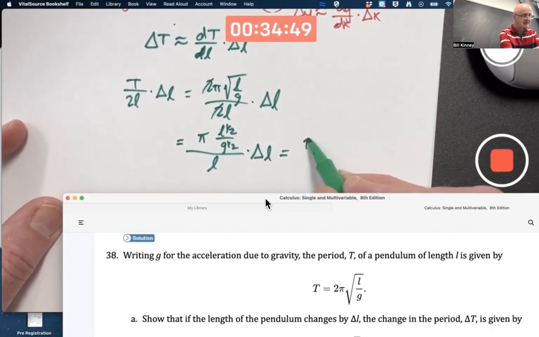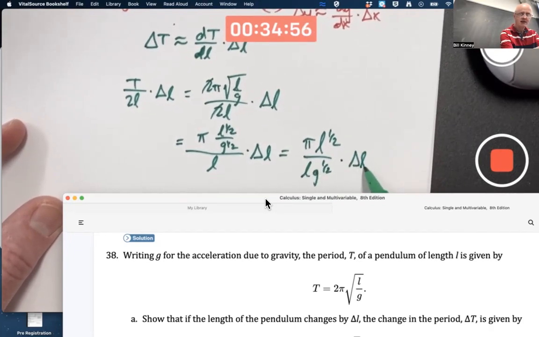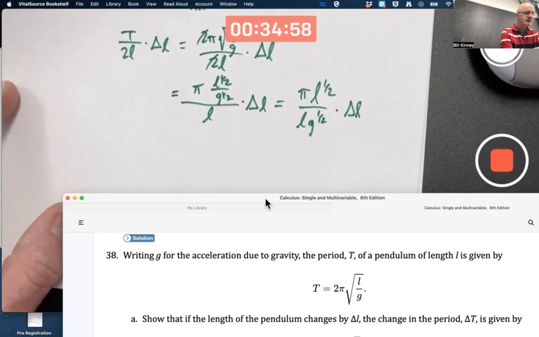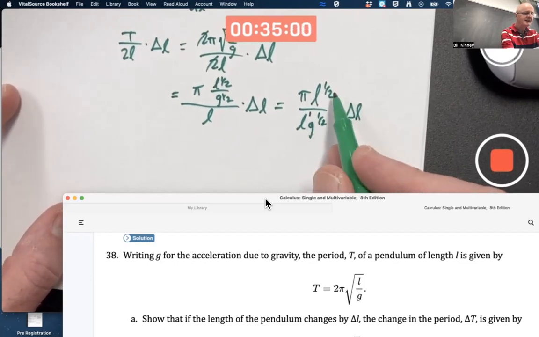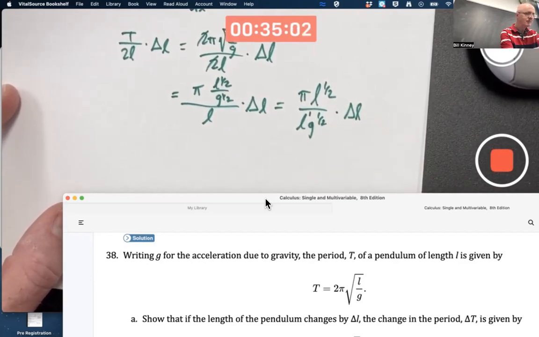So I can also write this as pi times L to the 1/2 over L times G to the 1/2 times delta L. Continuing to simplify, I can subtract exponents. 1/2 minus 1 is negative 1/2. I can write this as pi times L to the negative 1/2 over G to the positive 1/2 times delta L. And guess what?